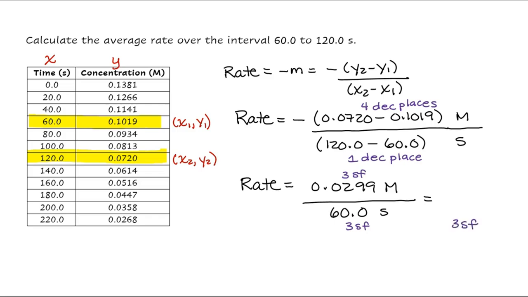So doing the math, 0.0299 divided by 60.0, rounded to 3 sig figs, gives us 4.98 times 10 to the negative 4, and I'm out of room here, but my units are molarity divided by seconds, and I can report that as molarity times seconds to the negative 1.